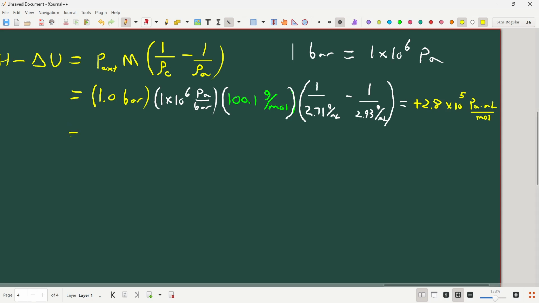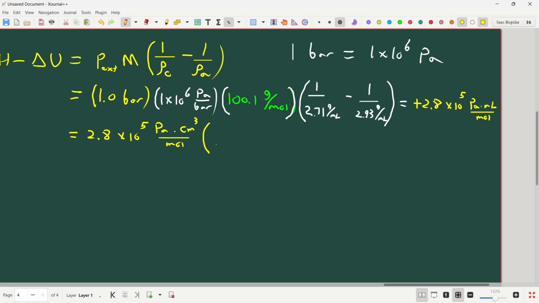All right, and now we need to convert this into metric units. So we have to convert milliliters to meters cubed. How do we do that? Well, let me replace the mL with cubic centimeters. It's the same thing.